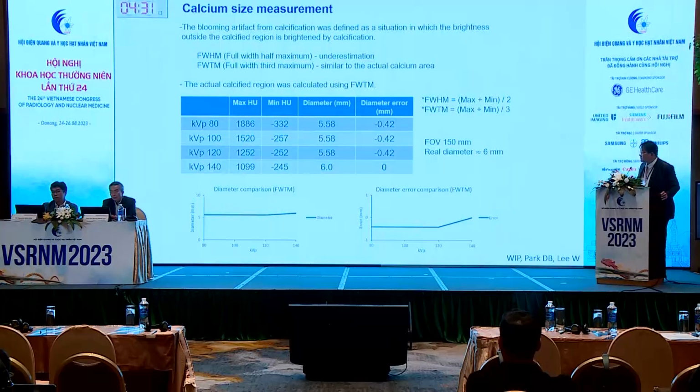Let's compare 80 kVp to 140 kVp. The calcium diameter measured on each image, in pixels, is almost the same. 140 kVp actually gives a slightly higher diameter than low kVp. So can calcium blooming be solved by high kVp? It cannot.